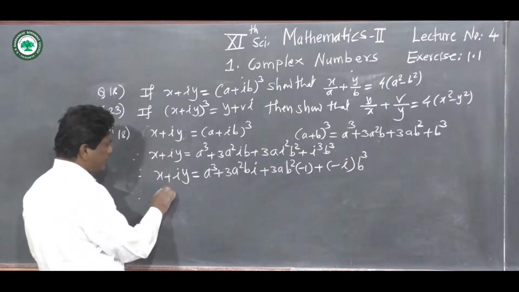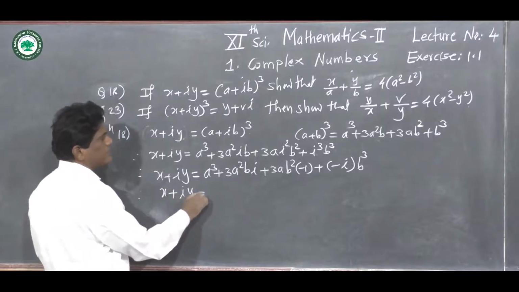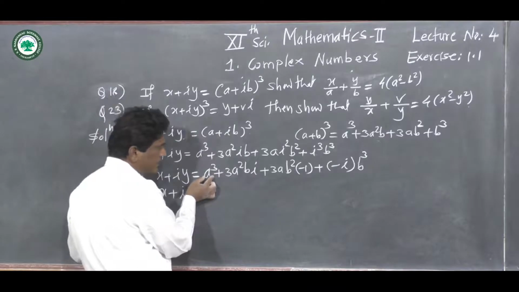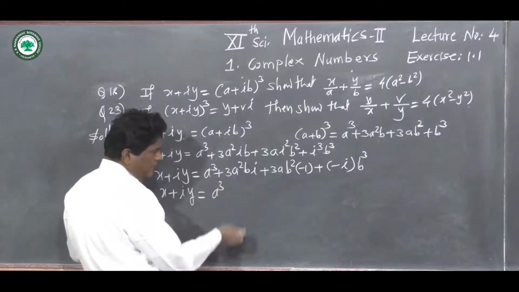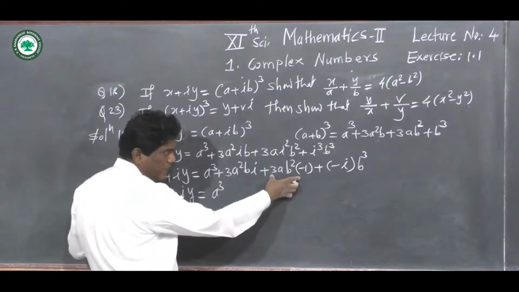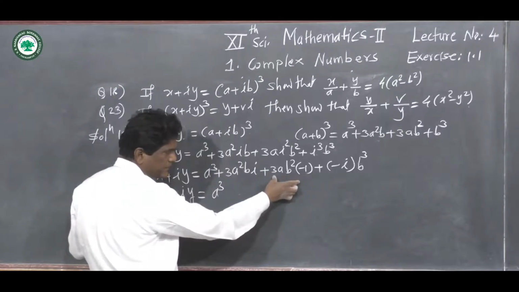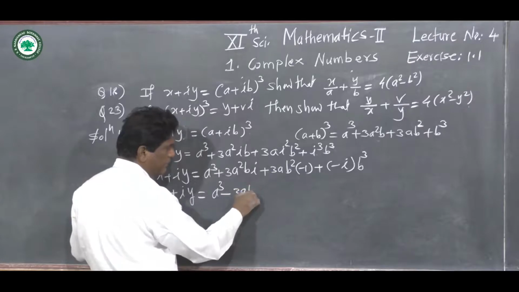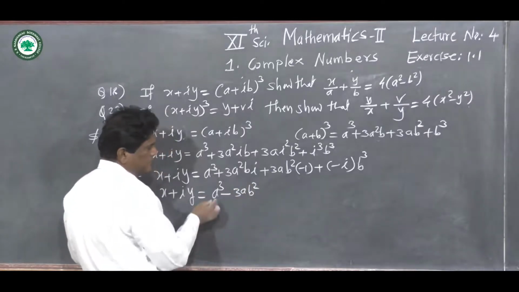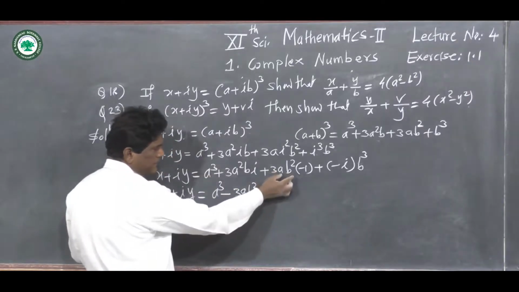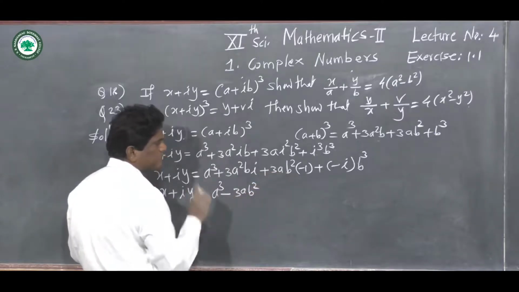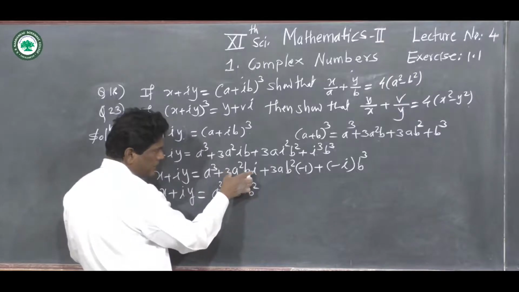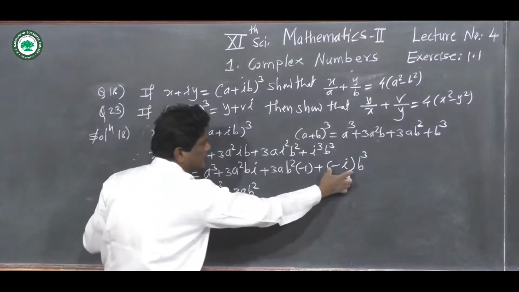So we get x + iy is equal to a^3 as it is, and in this term there is no i, so we write this term first. Plus and minus become minus 3ab^2. a^3 is a real part and this is also a real part. Now the terms of i: this is one term and this is another term.